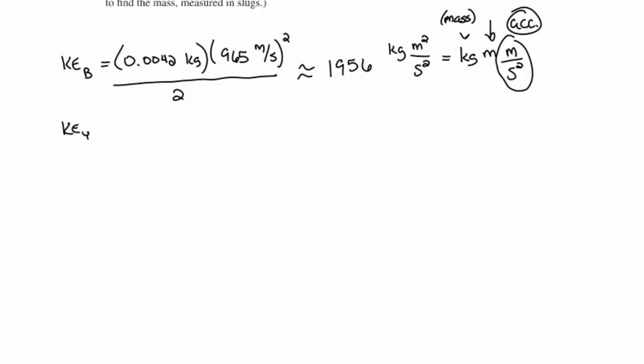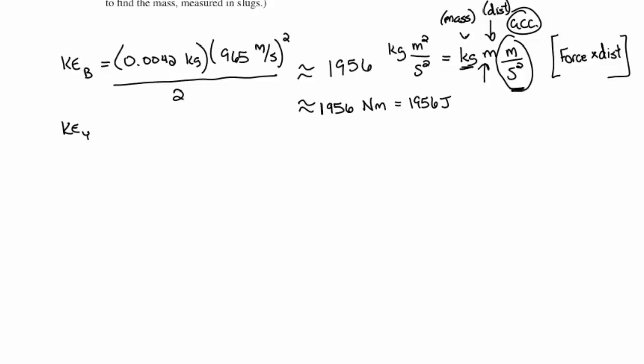And then that meters right there is, well, a distance. So let's see, we have mass times acceleration, which is a force, times a distance. So that's going to be newtons, actually. So this is roughly 1956 Newton meters, which is joules, actually. So it is a unit of energy.